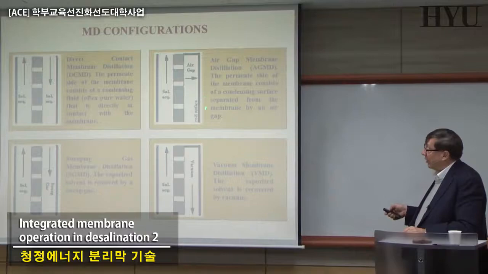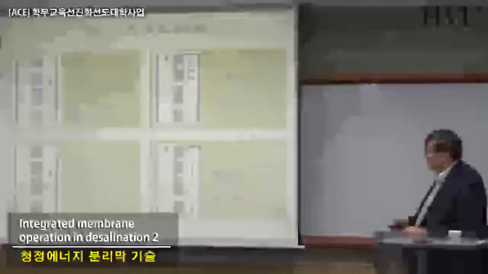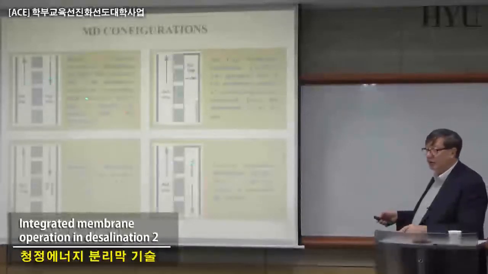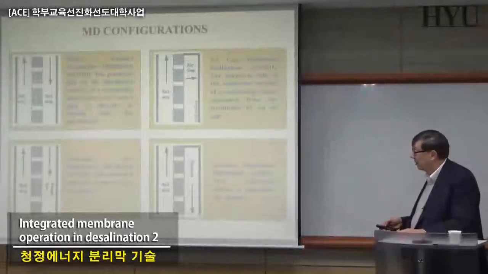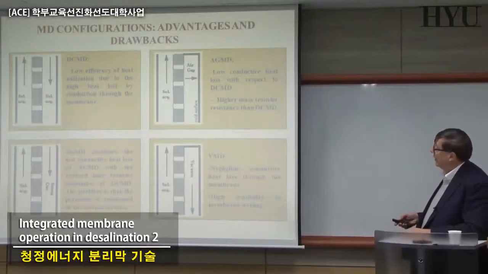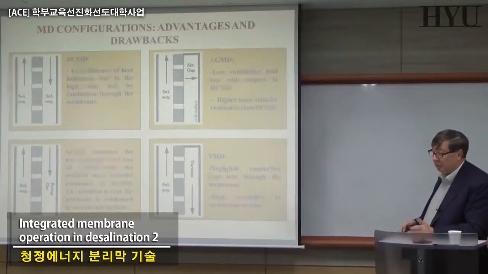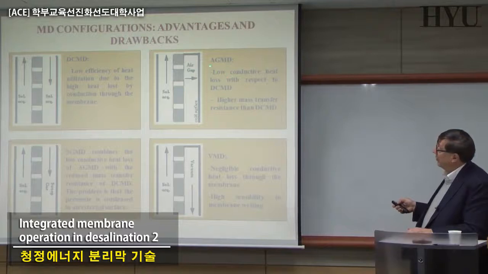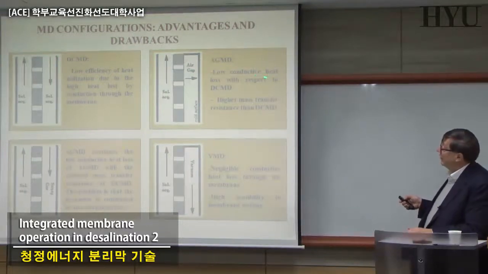That's why people are looking at the different configurations, and in principle, in vacuum, we are losing less energy than here, etc. But that is something in which students are working, trying to realize what the real benefits of one configuration are compared to the other. You see here, for example, we have low conductive heat loss with respect to direct contact when you are using the air gap.